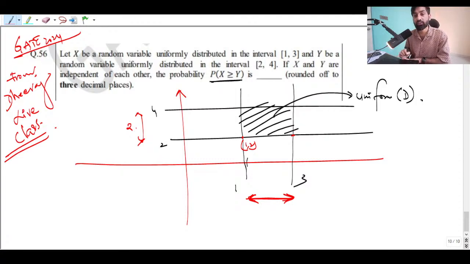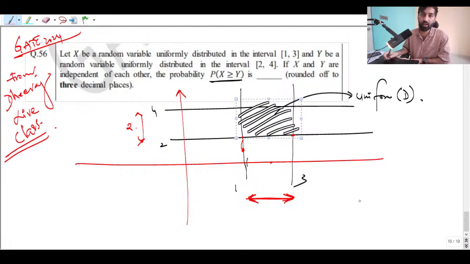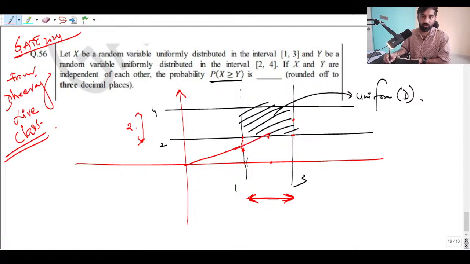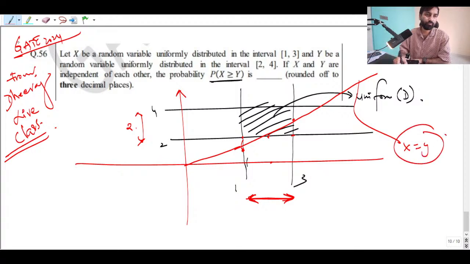If x is 1, y has to be 1. That is very important to remember. So this point is one point. Then you have to draw the line. If x is 2, y is going to be 2 here. You have to plot it. If x is 3, then y has to be 3. So let me now draw the x equal to y line. This line is the x equal to y line. I hope this makes sense.